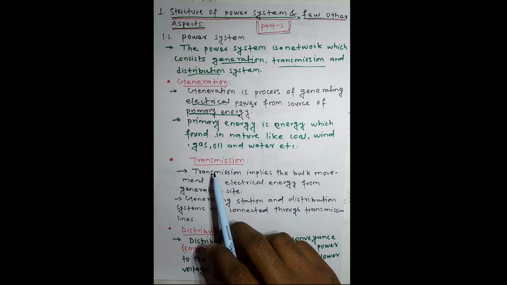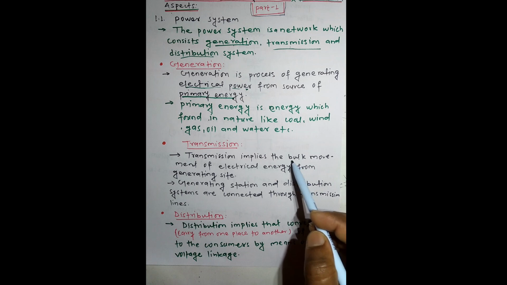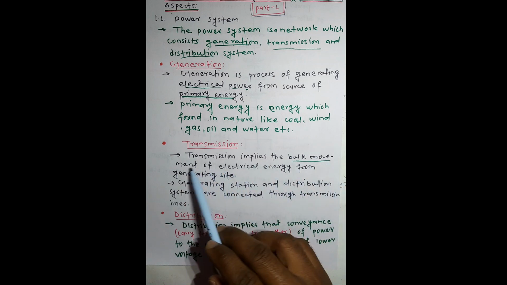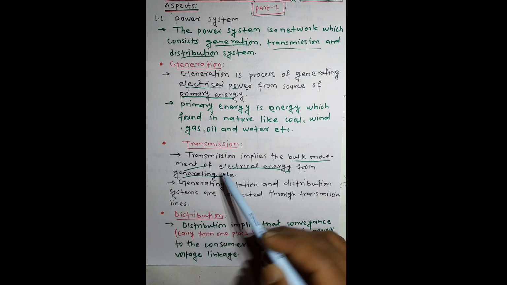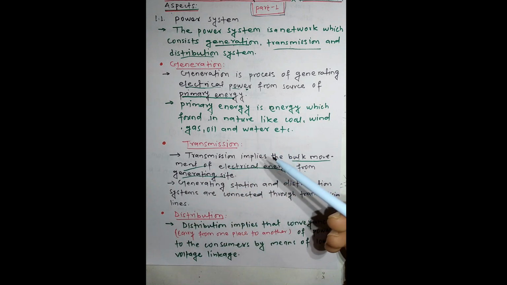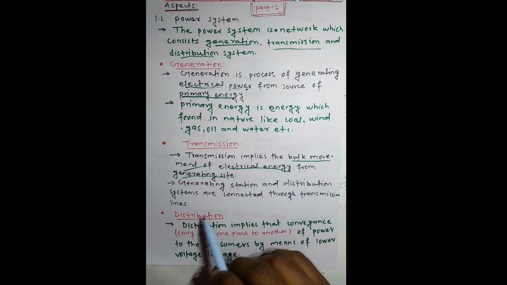Come to the next: transmission implies bulk movement of electrical energy from the generating side. If we transmit a bulk amount of electric energy, then it is known as transmission.